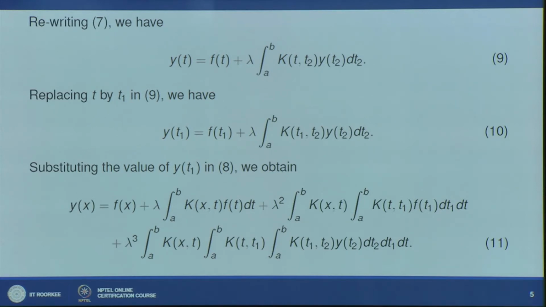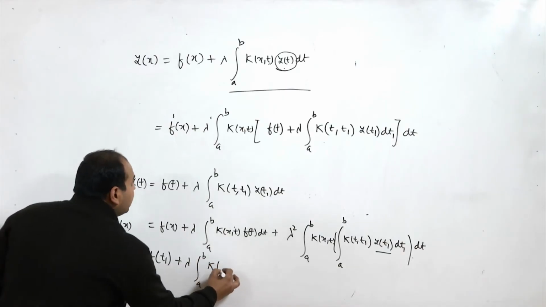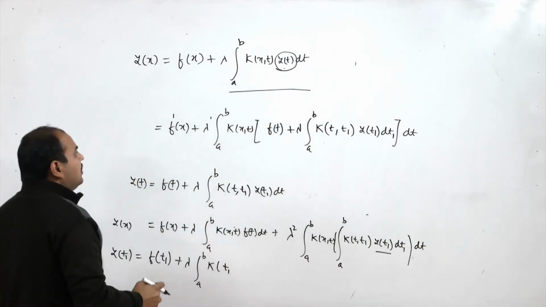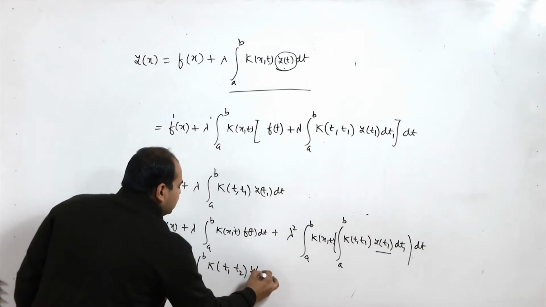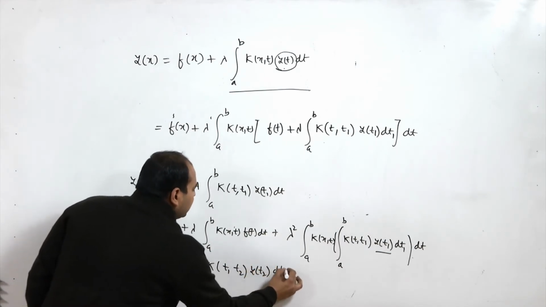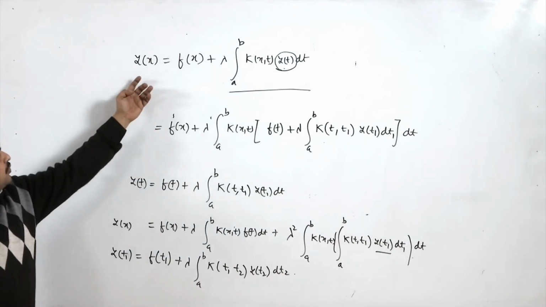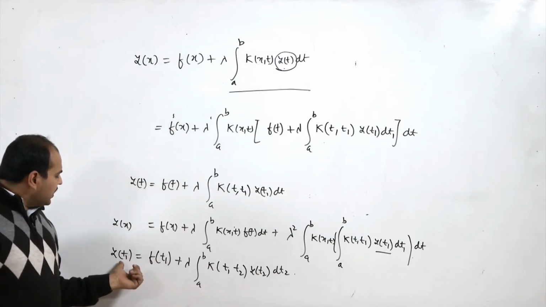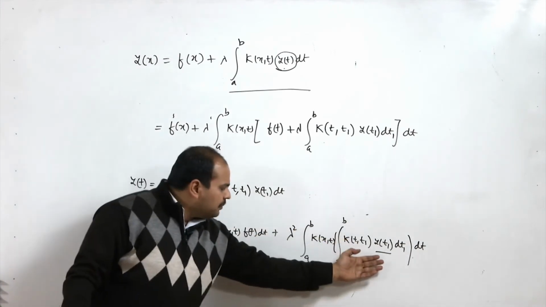So y of t1 is basically f of t1 plus lambda times integral a to b, and I am writing here k of t1, and let us change this integral variable to t2, y of t2 and d t2. So what we try to do here is use the Fredholm integral equation which is already given, and find the value of y of t1 in terms of y of t2 and put it here.